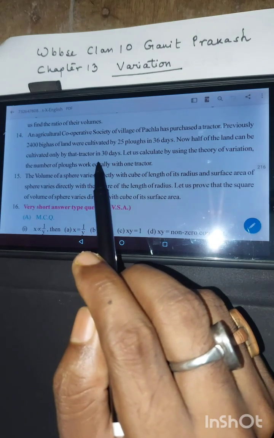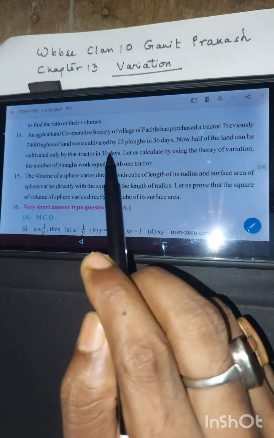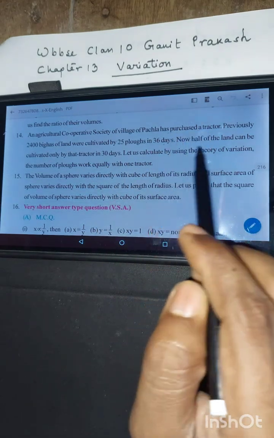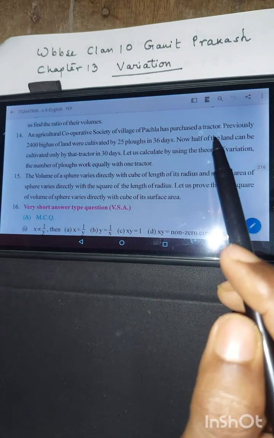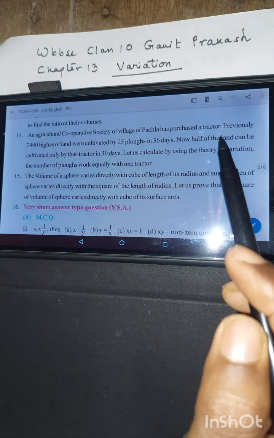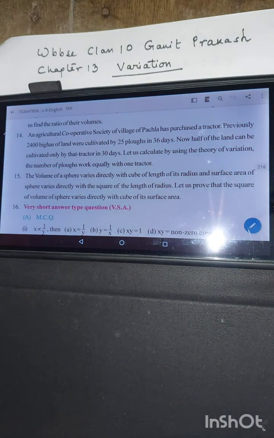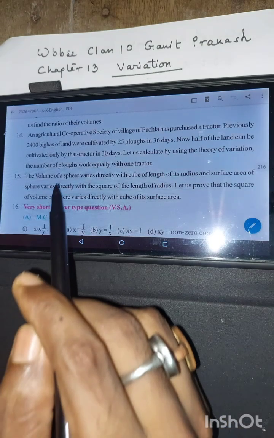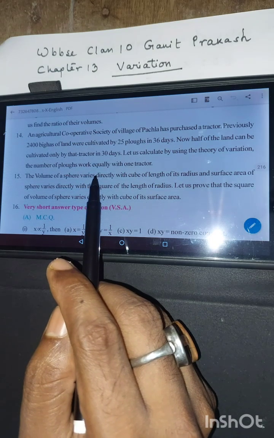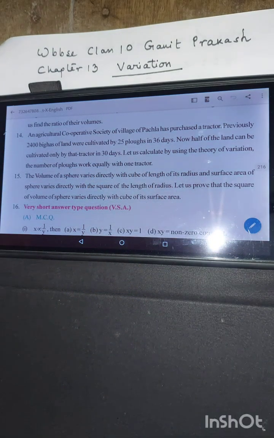Now we are cultivating 1200 bighas of land using our newly purchased tractor, and it can be cultivated in 30 days. Let us calculate by using the theory of variation the number of plows that work equally with one tractor. That means we have to find out how many plows are equivalent to one tractor.